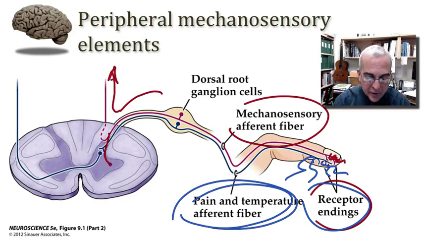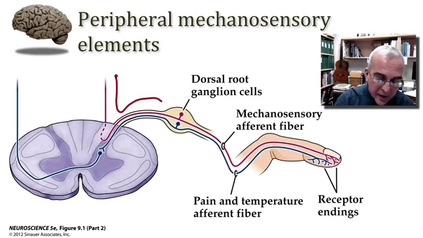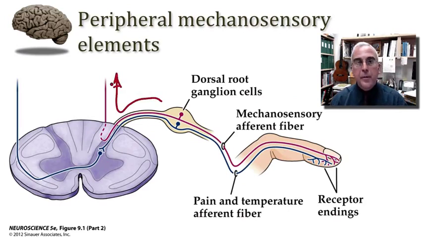In truth, there are other branches that do other things, but we're going to ignore those for the time being. Rather, I want to emphasize to you that there is a growth pattern for the mechanosensory fiber that's really distinct. This axon enters the dorsal column of the spinal cord, the white matter that we call the dorsal column.